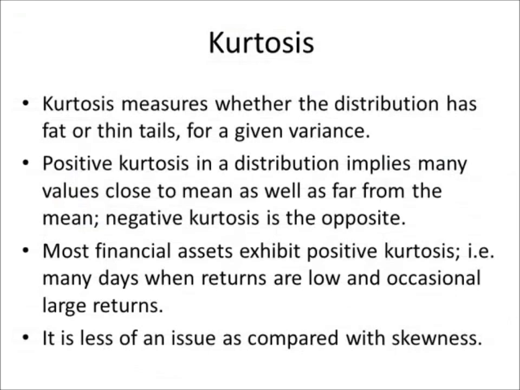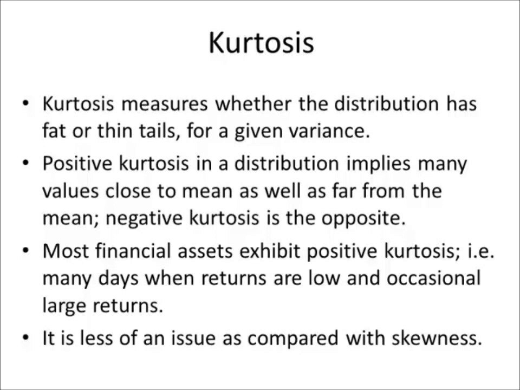Kurtosis. Kurtosis is another violation of the normal distribution, just like skewness. We want to look at kurtosis as a way to tell us whether a distribution has fat tails or thin tails for a given variance.